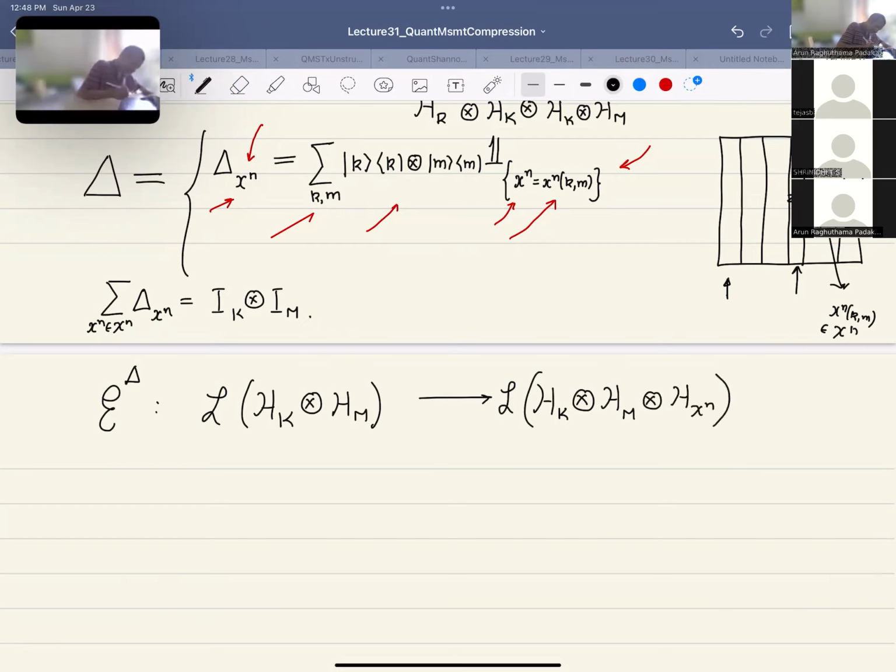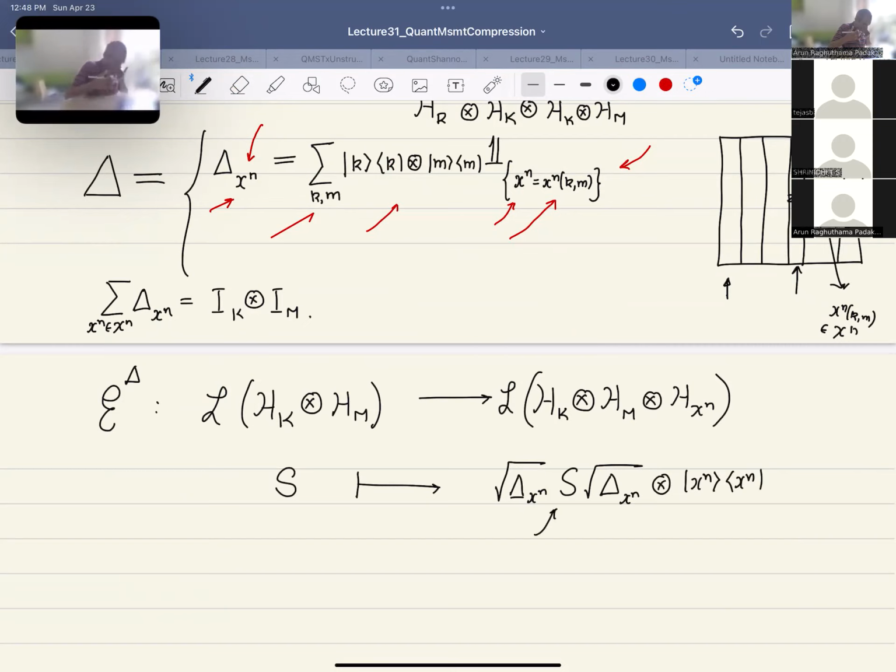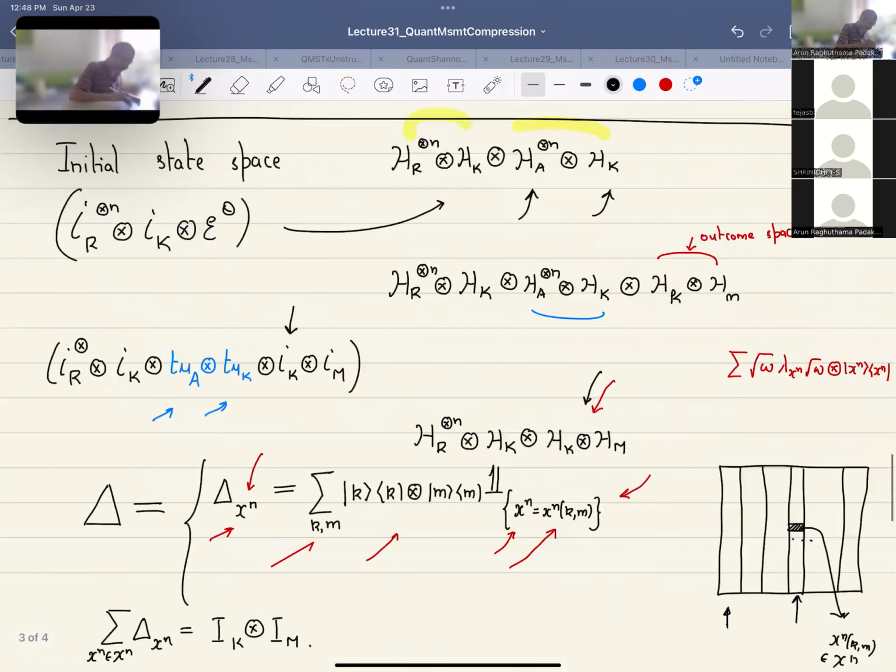And so clearly, if I take s, where does s go? It goes to root delta xn s, root delta xn, tensor xn. That's all. That s happens to live in the classical space, a k cross n classical space. I'm just writing everything explicitly so you can see the pattern as to what's going on.